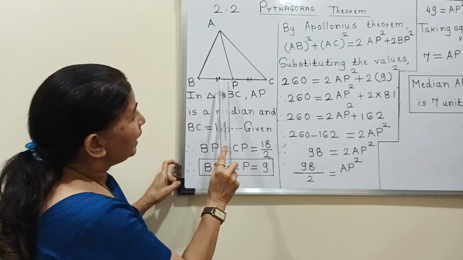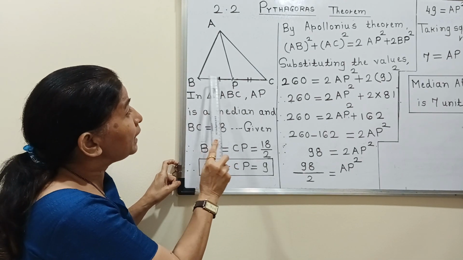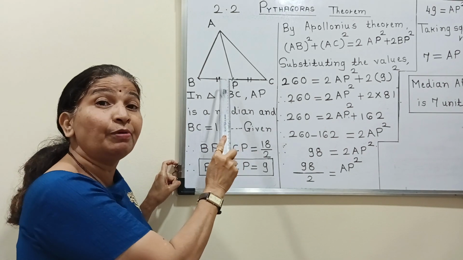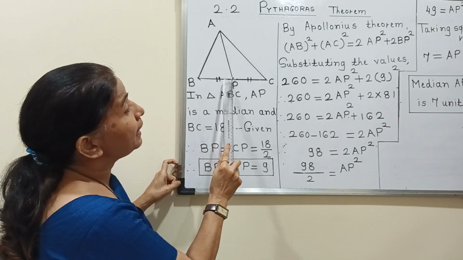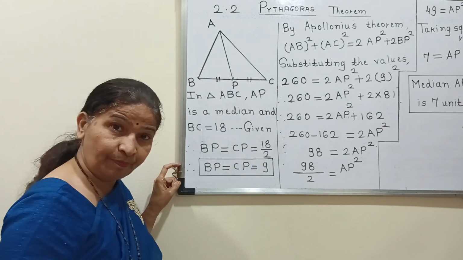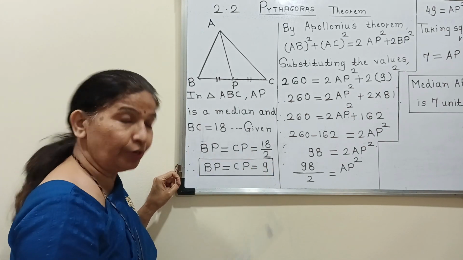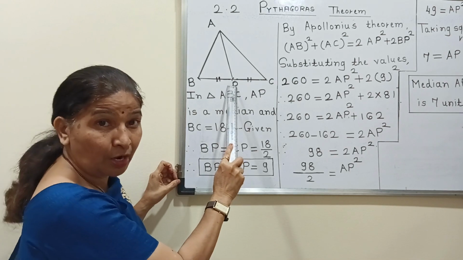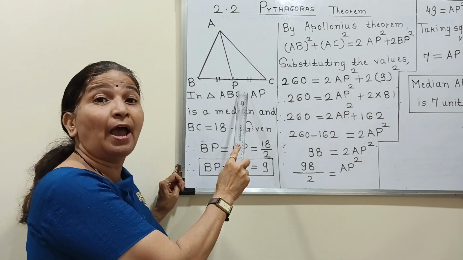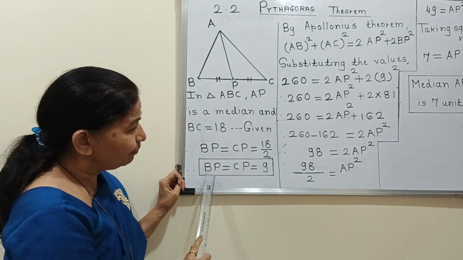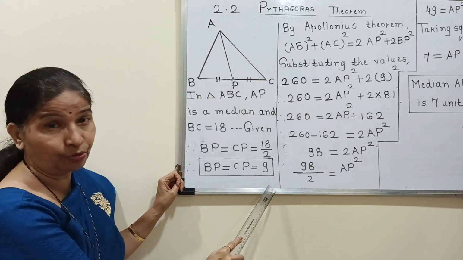That means because of this midpoint P, BP and CP will come equal. It means BP is equal to CP. Now as BC is 18, BP will come as 9 units and CP will come as 9 units. So BP is equal to CP is equal to 9.